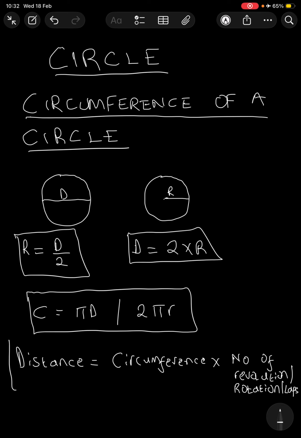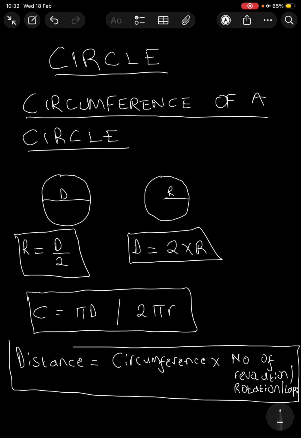So distance is equal to circumference times number of revolutions.